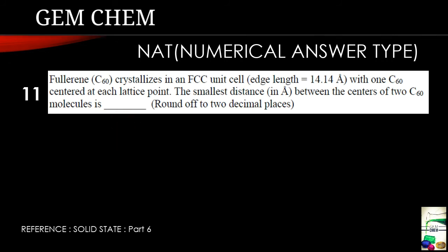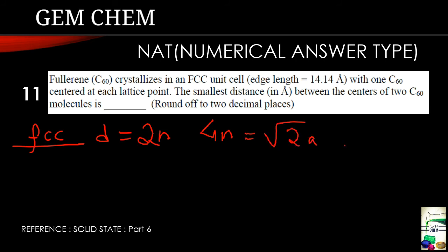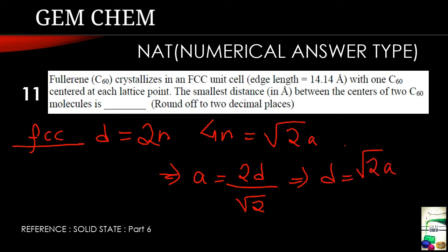We have already seen that for FCC, d equals 2R, and 4R is equal to the face diagonal, that is root 2 a. So from here we get a equals 2d by root 2, and d equals root 2 a by 2.